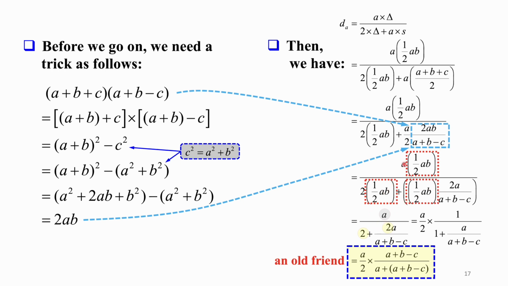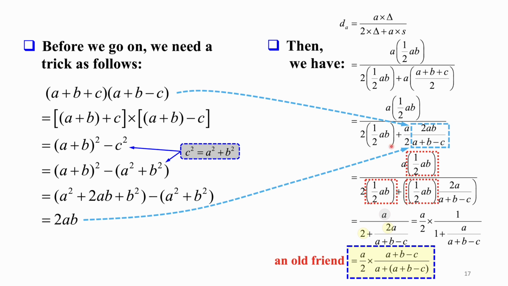We have this A here, we have 2 here, plus 2A, this A, over A plus B minus C. Now, these two can be taken out as well as the A. We have this formula. And finally, after some simplification, we have this. And oh friend, we saw it in the right triangle version.